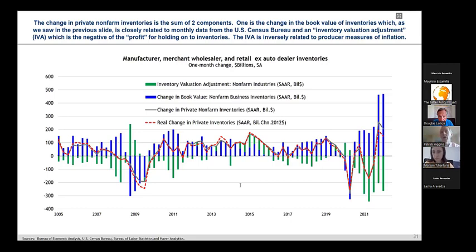So the way I like to think about it is if you imagine a merchant wholesaler selling oil to a refiner of gasoline. On their books, they have oil priced at $40 a barrel from a year ago. And they sell it to the refiner and replace it with oil they're buying at $120 a barrel.